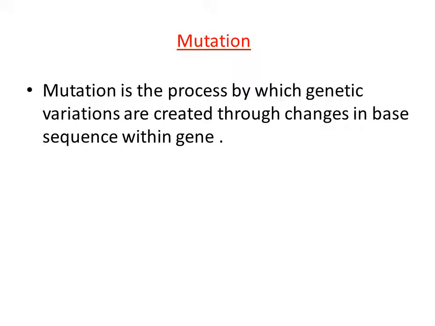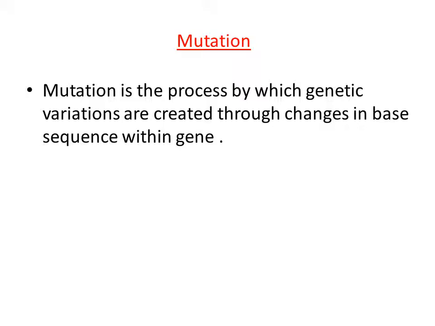When we change the base sequence of a gene, it is possible to change the genetic makeup of that organism, so that genetic variations occur. That is what is called mutation. By means of mutation, we change the genetic makeup of the organism by changing the base sequence within the gene.